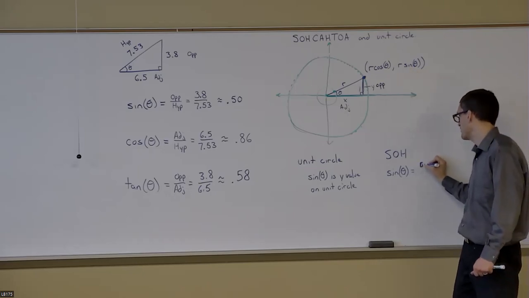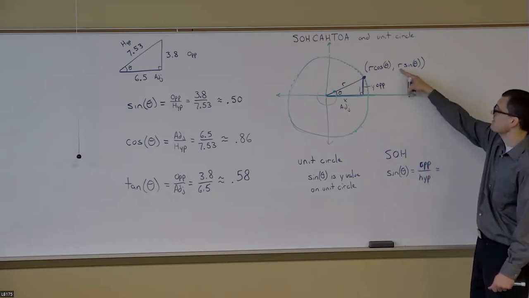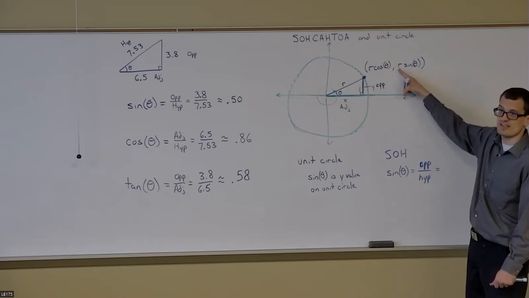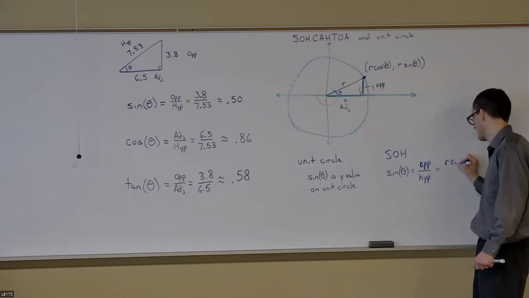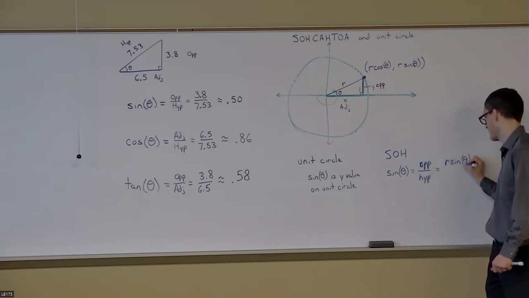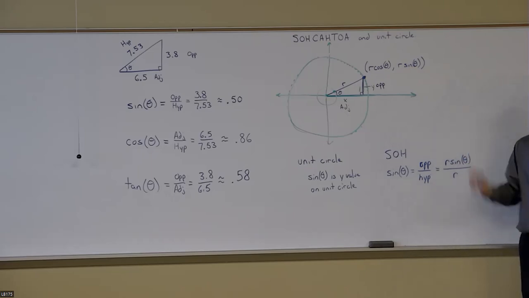Basically saying opposite side over hypotenuse. The opposite side is whatever the radius is times sine theta. And the hypotenuse is the radius of the circle that I just drew.